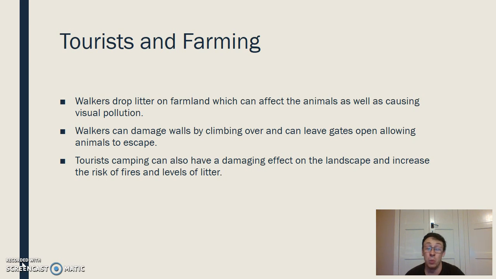And most of the time we're not talking about maliciously setting fires, but if you do happen to have a very dry summer, and if you've got somebody camping in an area of woodland and they set just a campfire, that can potentially get out of hand, and it can potentially be very, very problematic and have a large impact if it were to spread.